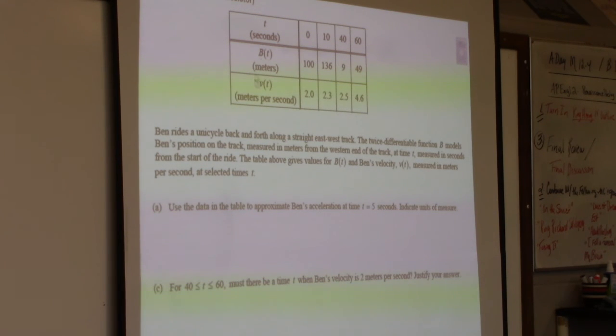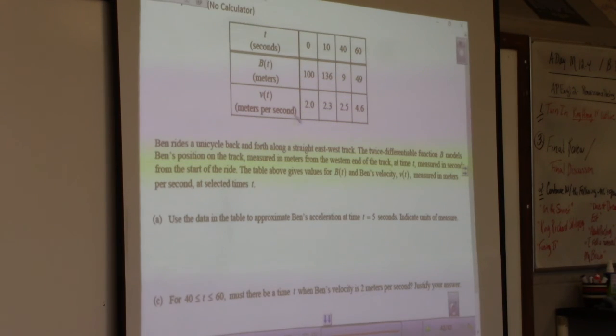So what we're looking to do here is estimate what the acceleration is at t equals 5. So we're going to use the velocity and find the average rate of change of the velocity over this interval of time. The way we would go about doing that would be using these values right here and these values right here.